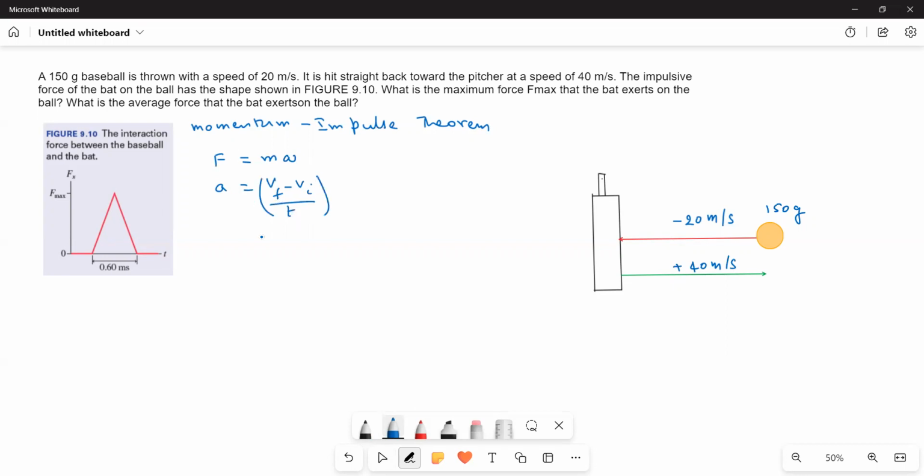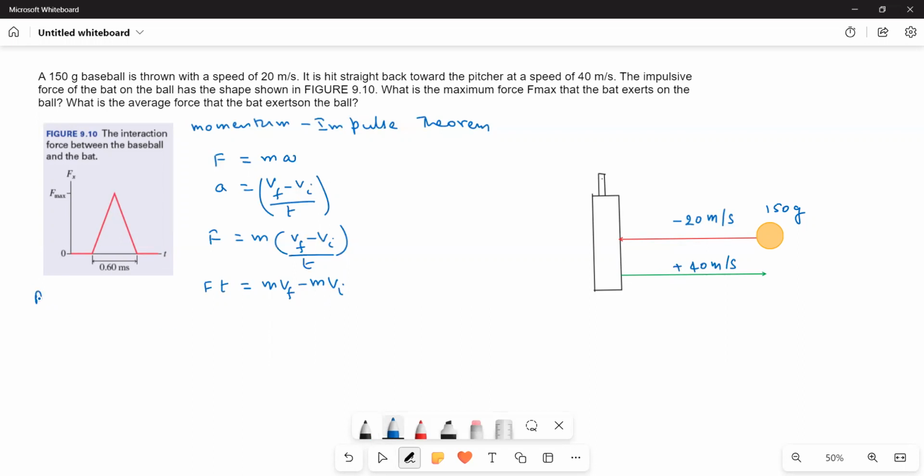Now I will substitute a here. Therefore, F is equal to m(Vf minus Vi) over t, or I will write Ft is equal to mVf minus mVi.